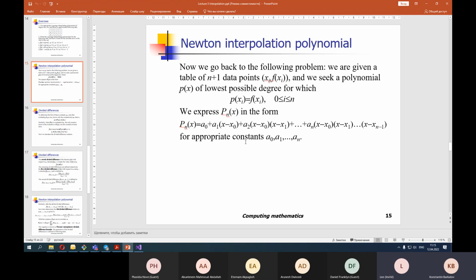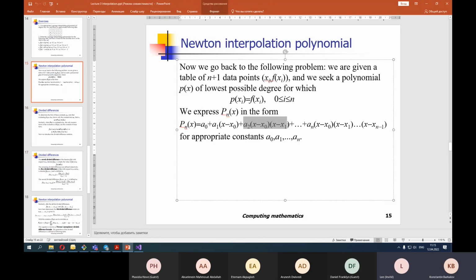And in a similar way, we can find a2. How to find a2? We should just evaluate this polynomial at the point x2. If we substitute x2, we have only these three terms that are not equal to 0.